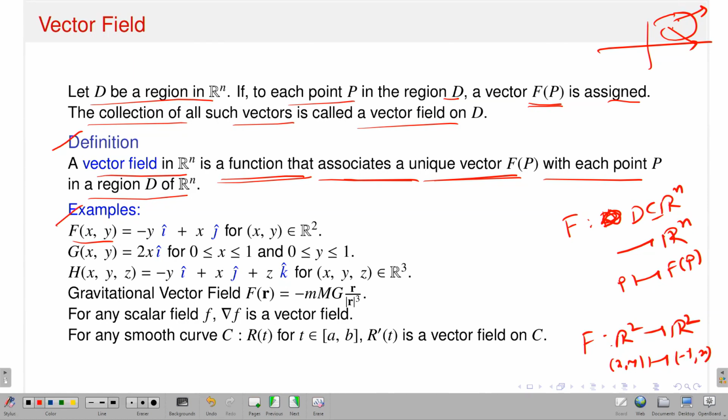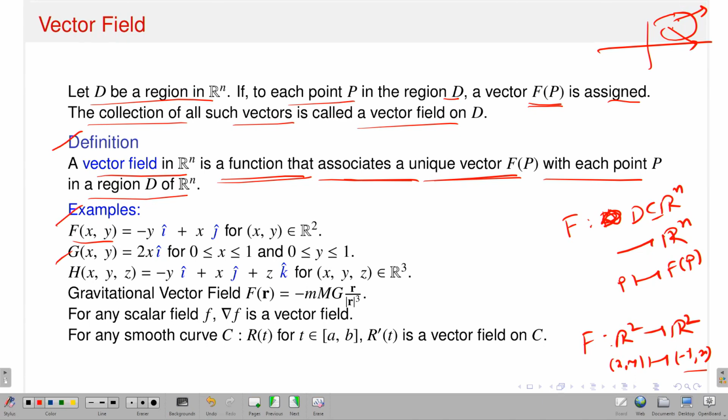So for the point x y, I am associating a vector whose starting point is x y and end point is minus y comma x. I will give some pictures, then it will be more clear what I mean by associating a vector with each point in the domain. Then it is called a vector field. So this is a vector field capital F.